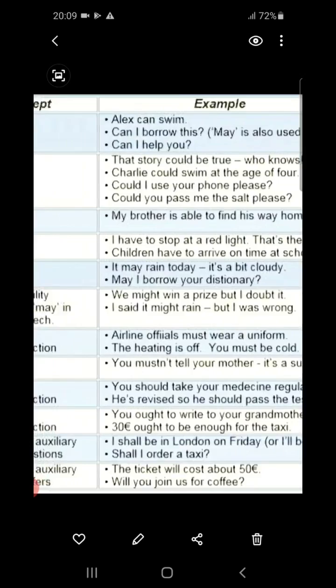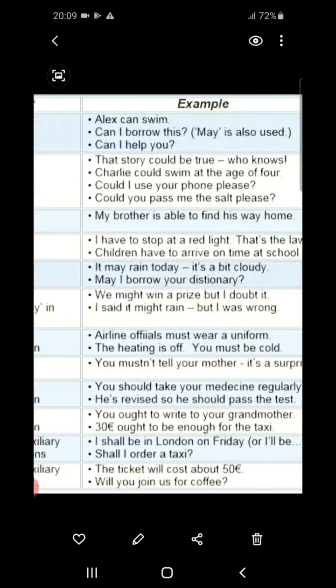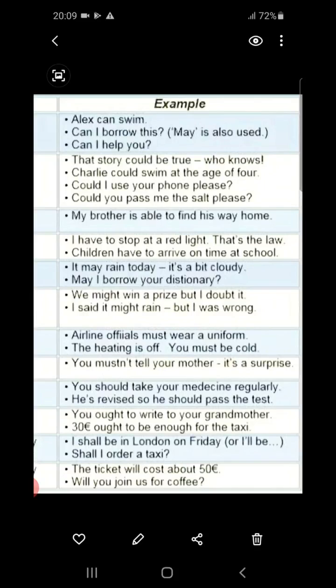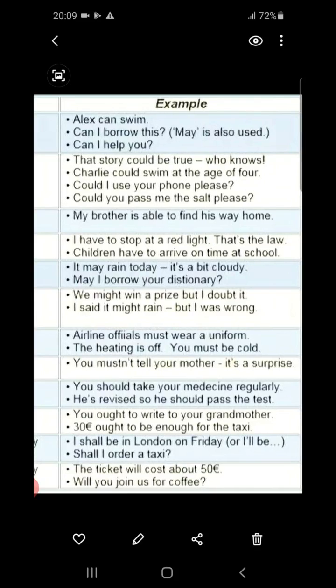Next, children have to arrive on time at school. So they have to arrive.